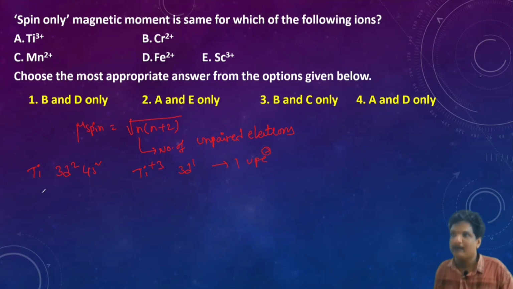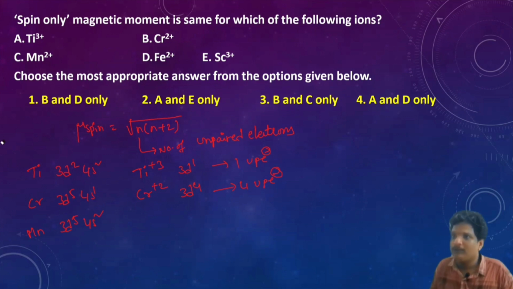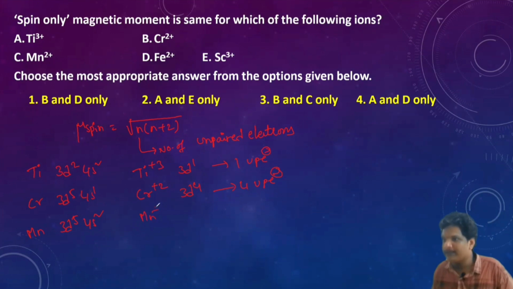Chromium is 3d5 4s1, so in chromium +2 we have 3d4, 4 unpaired electrons. Manganese is 3d5 4s2, so manganese +2 has 3d5, having 5 unpaired electrons.